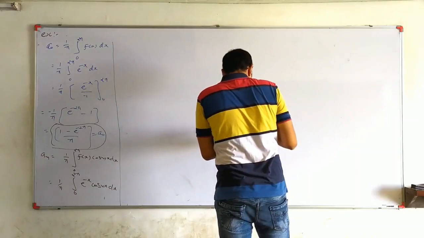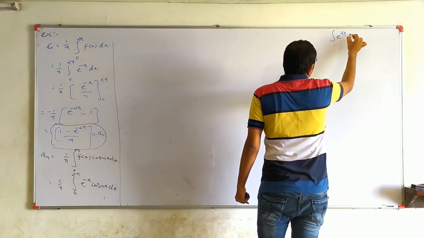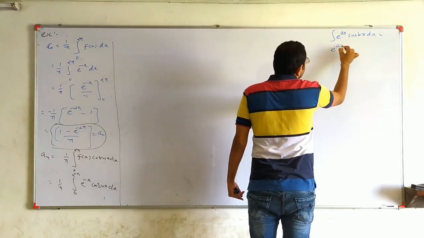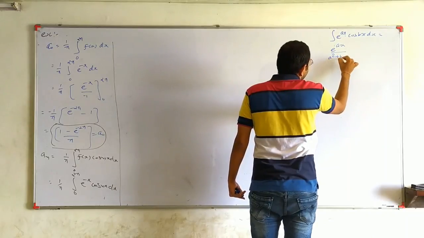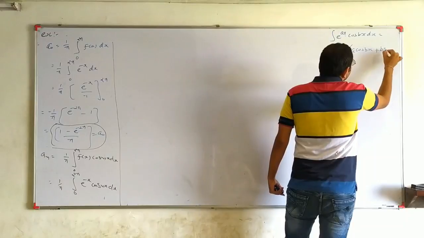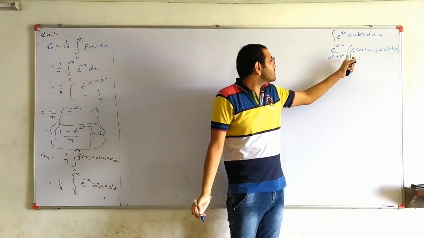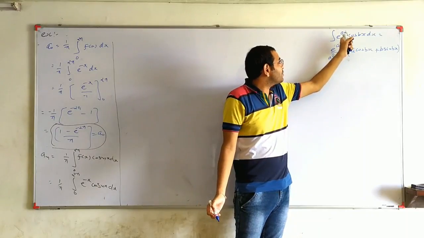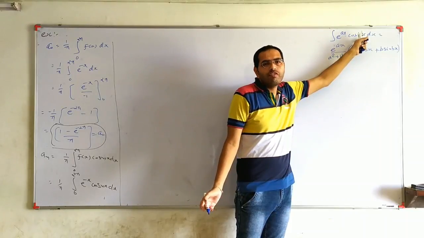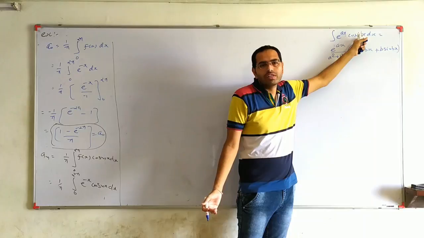You already learned in 11th science the integral of e raised to ax cos bx dx, which is e raised to ax upon a square plus b square, times a cos bx plus b sin bx. We have an exponential into cos as well as exponential into sine, so we cannot go for integration by parts or Bernoulli's rule.